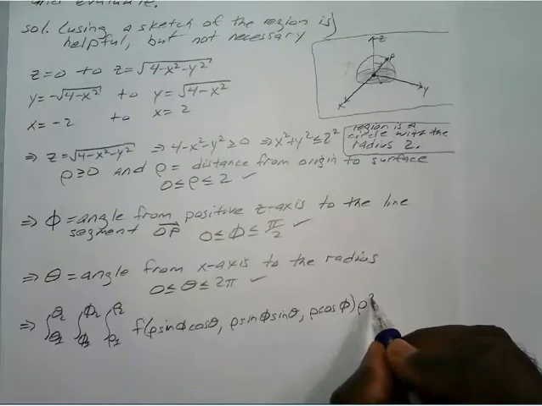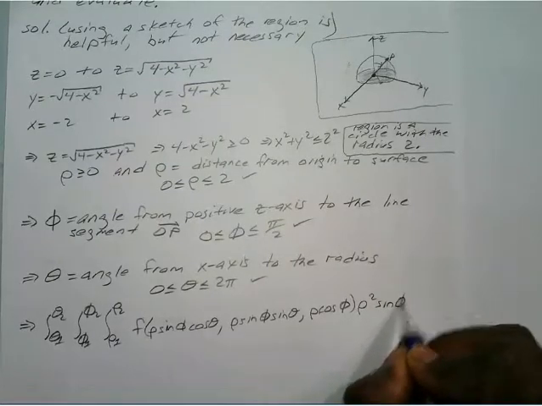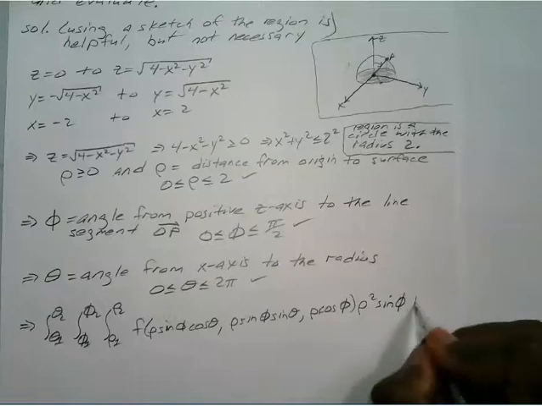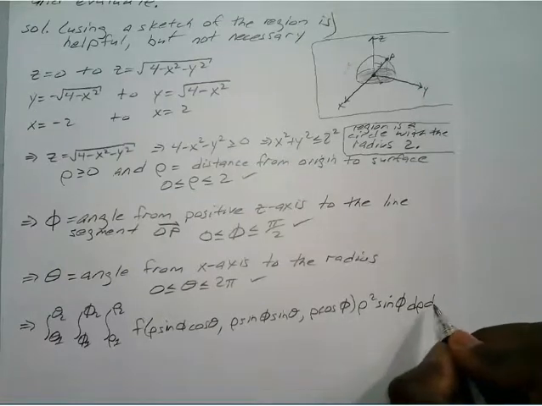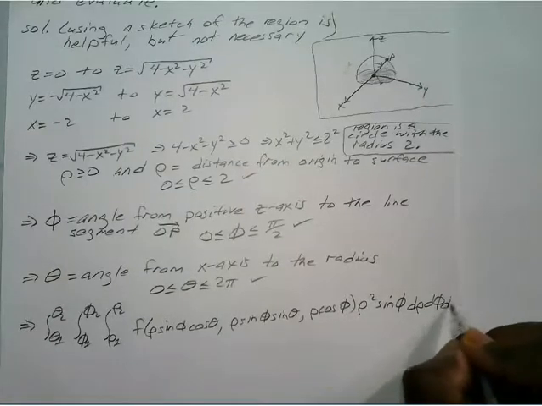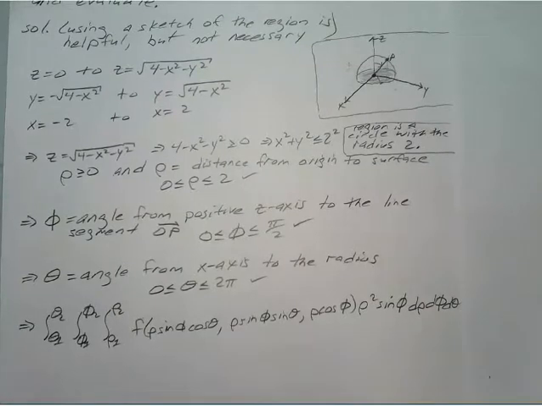Remember, that's rho squared sine of phi, with respect to rho, with respect to phi, with respect to theta. Okay, so once again, we were able to squeeze all of it in there.